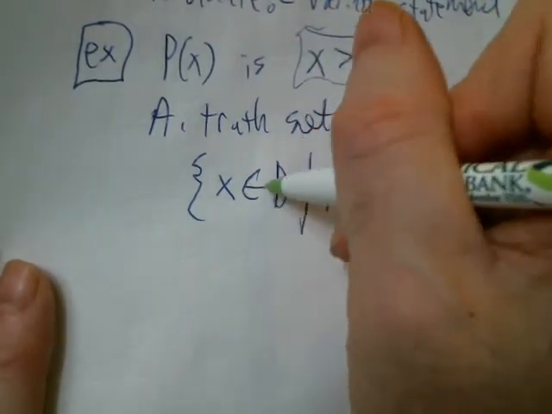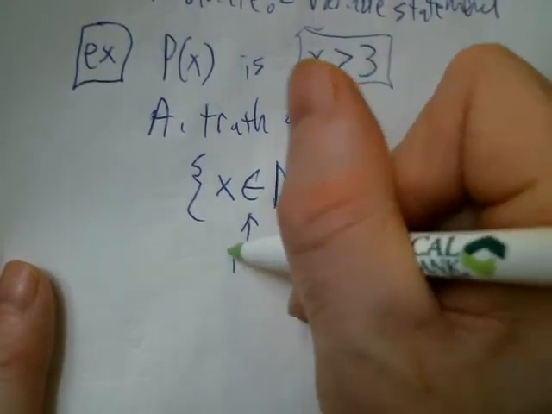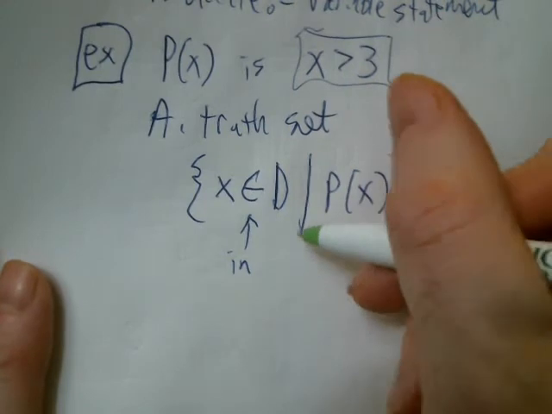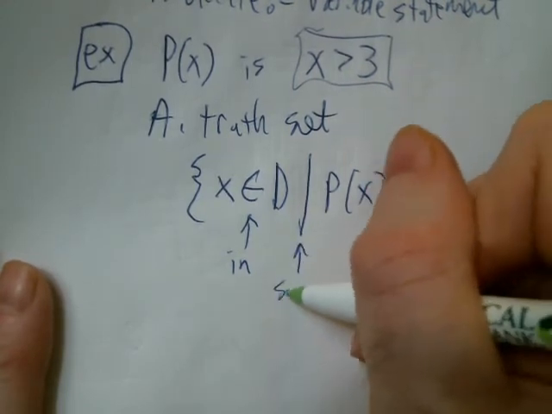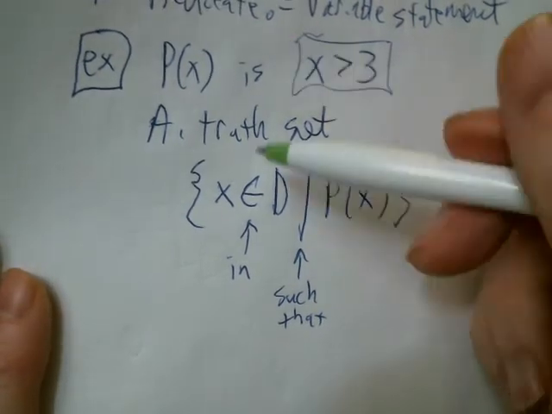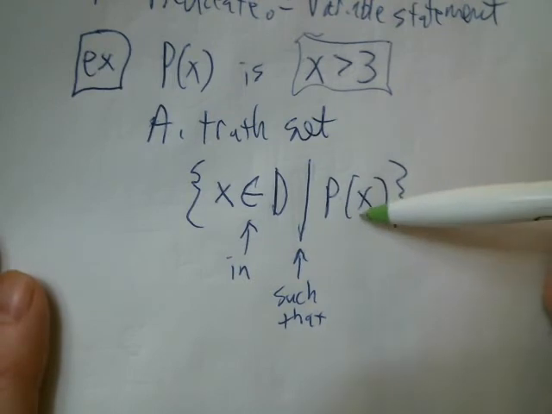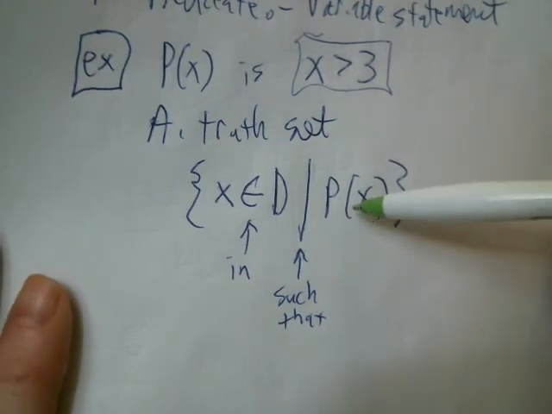Okay. So this weird backwards E symbol means in. This bar means such that. Okay. So again, this is a set of all X in D such that P of X works, or P of X is true.